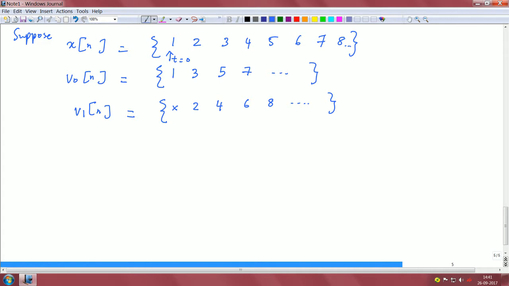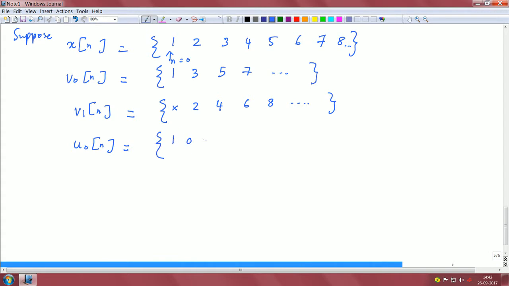Okay. Now we have V1 of n, maybe I will call this n just to be consistent. So n equals 0, n equals minus 1, we had some x here. And then when you downsample you get x, 2, 4, 6, 8. Now u naught of n is the upsampled version of V naught of n. So therefore we have to insert zeros.